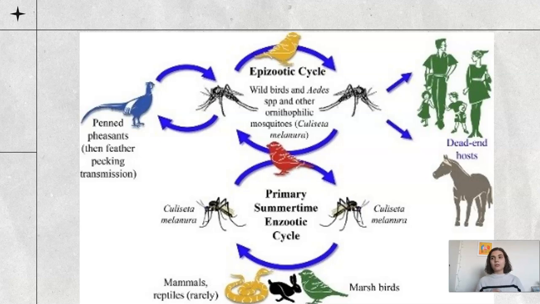And birds are actually also able to spread the disease among themselves through pecking, or if they feed on another bird that's died of the disease.